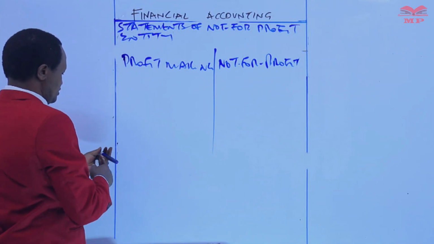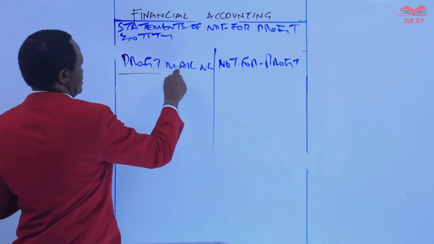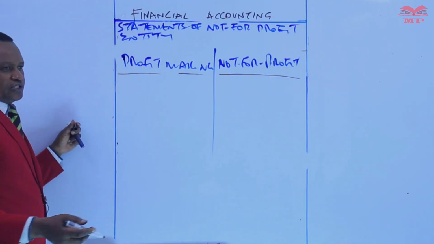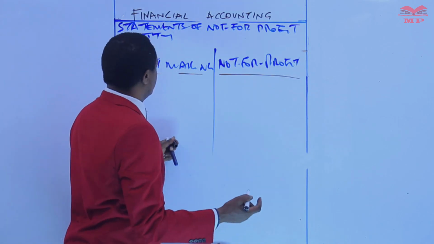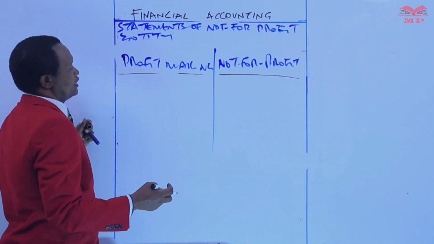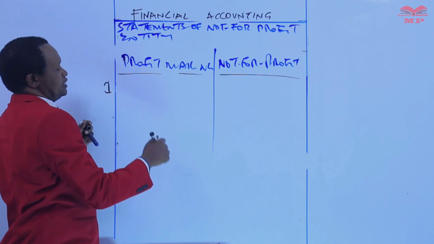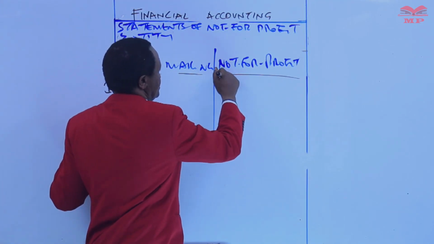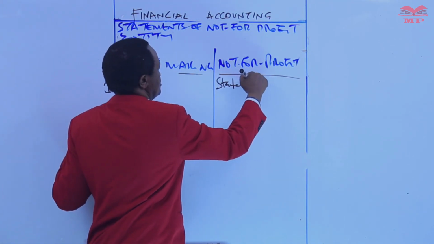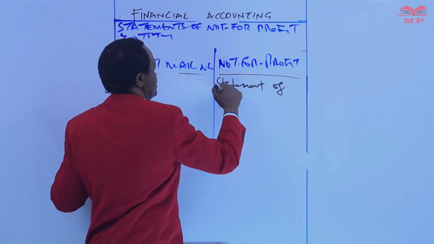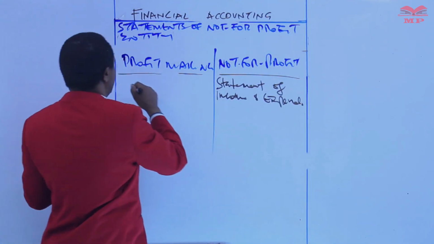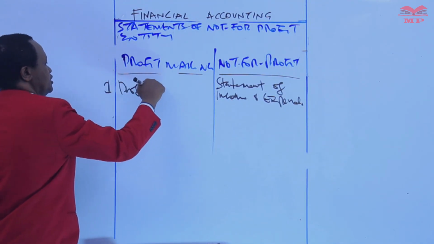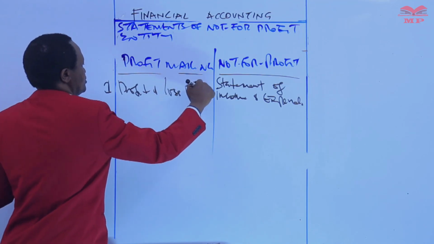You've seen here the first statement that we are required to prepare is a statement of income and expenditure. For a profit making organization, the equivalent of the statement of income and expenditure is the profit and loss account.